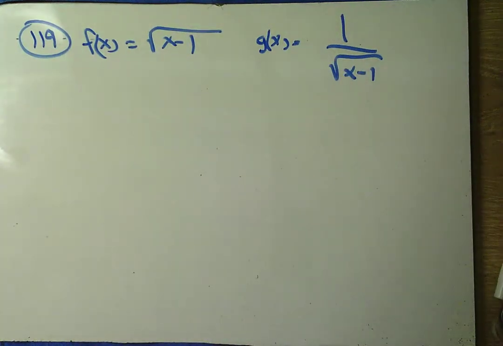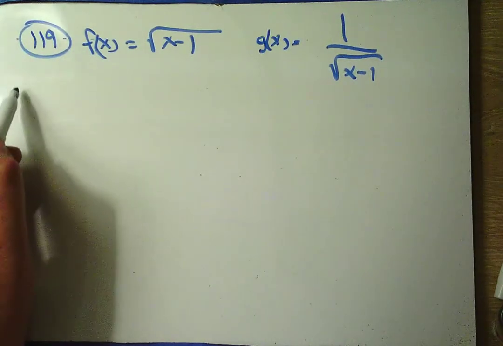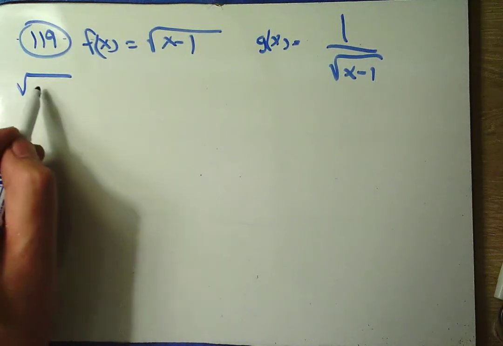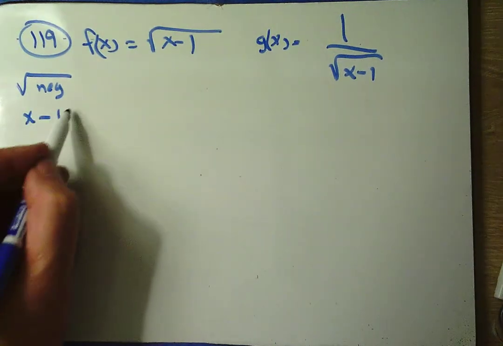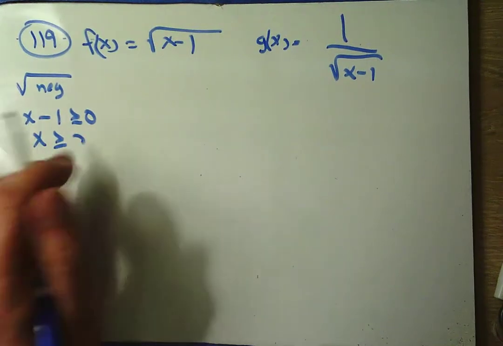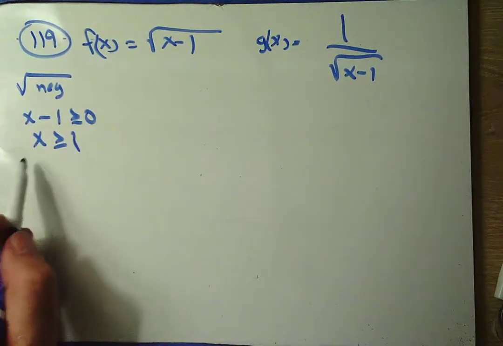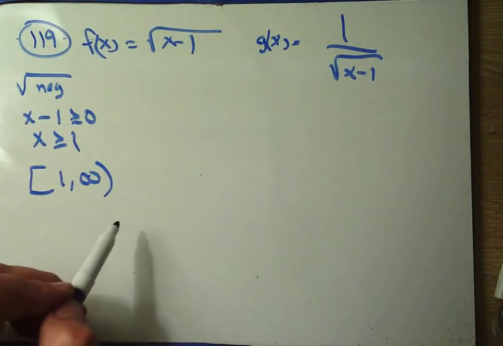Well, I remember from our Graphing Basics unit, when we started talking about the domain, we said we couldn't have a negative under a radical. So x minus 1 is greater than or equal to 0, or x is greater than or equal to 1. So my domain for f is 1 to infinity.